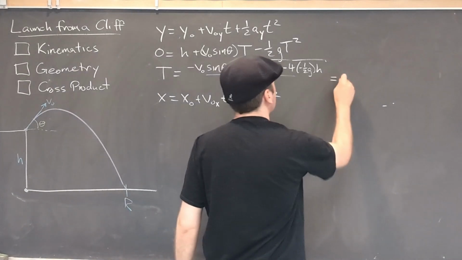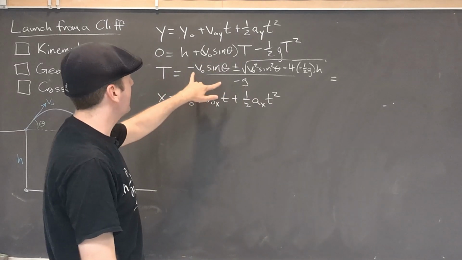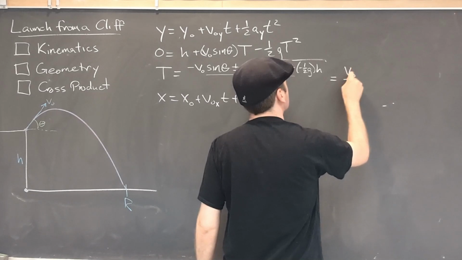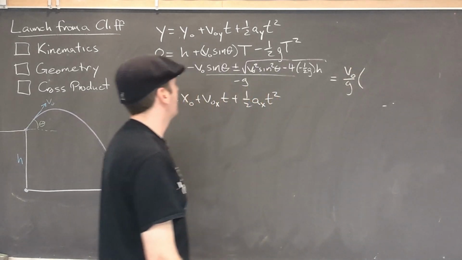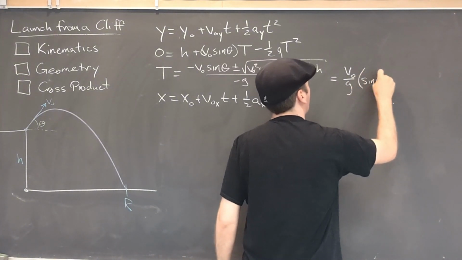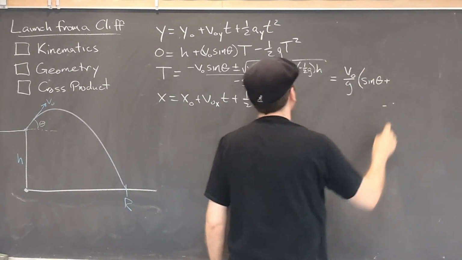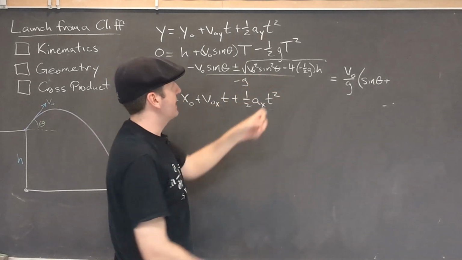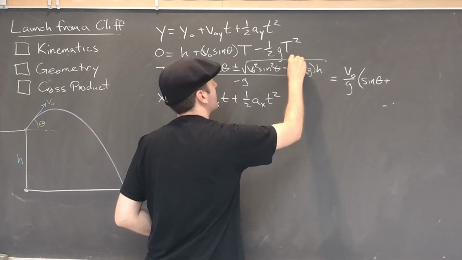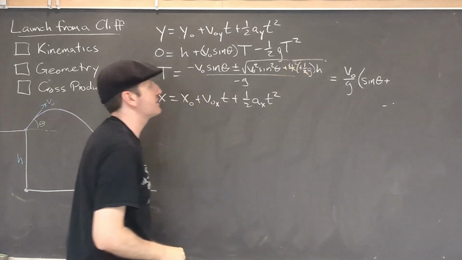So let's quickly do that. So the negatives all cancel. I'll go ahead also and pull out some stuff. So there'll be a v naught over g. There'll be a sine theta plus. And now when I pull this out, notice that the 2 and the 4 partially cancel. These both become pluses.